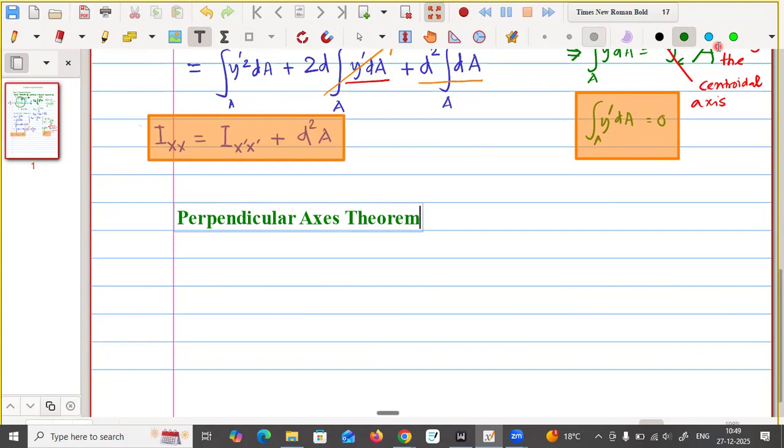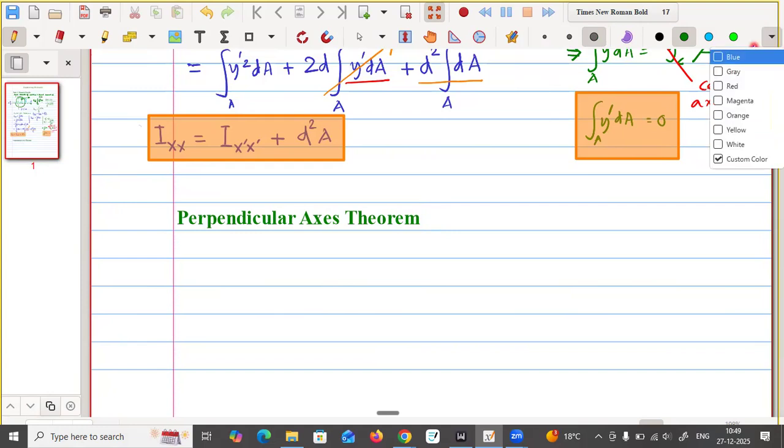So here basically we have some laminar area like this.